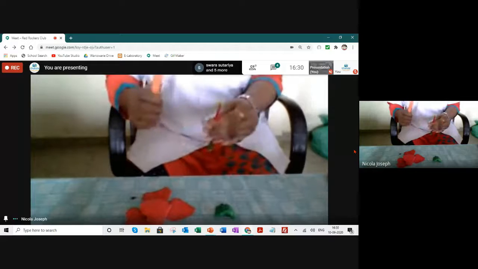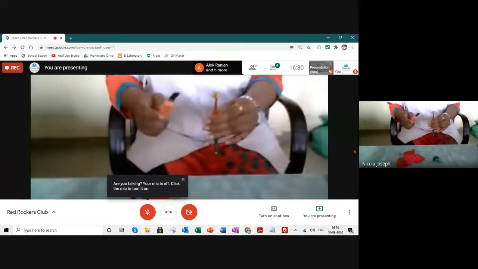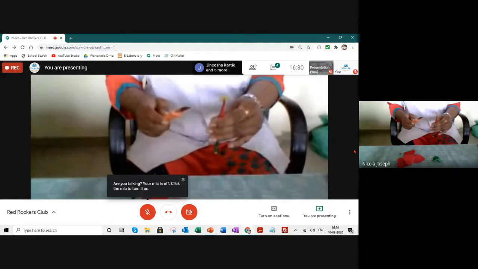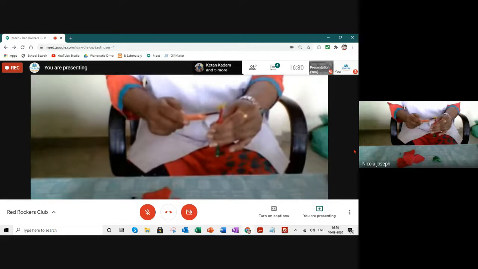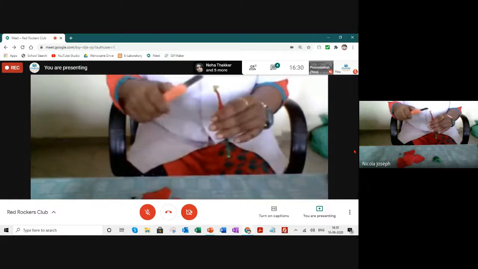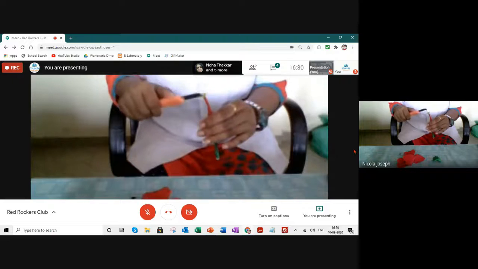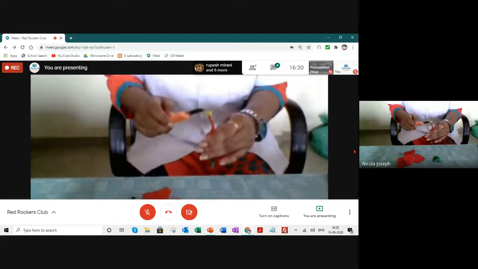What is this part called? This is called the stamen. So the stamen has two parts. Can you all see these yellow colored portions? Is it visible to everyone?